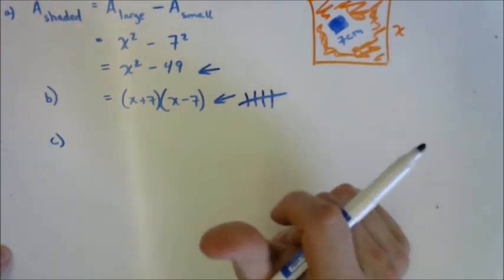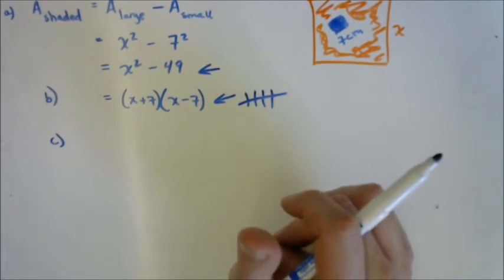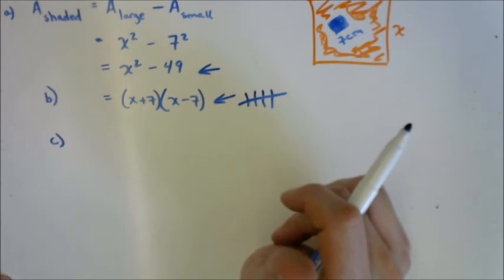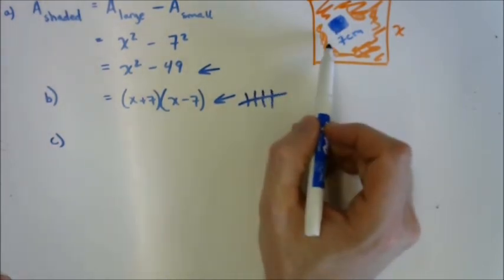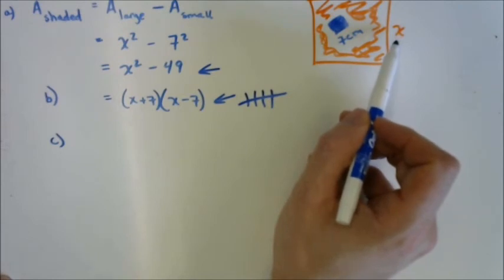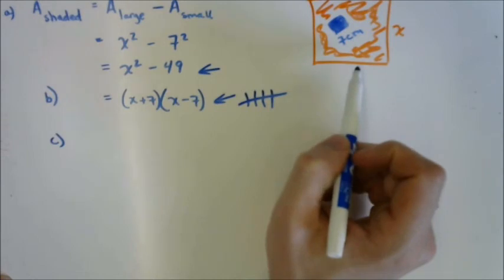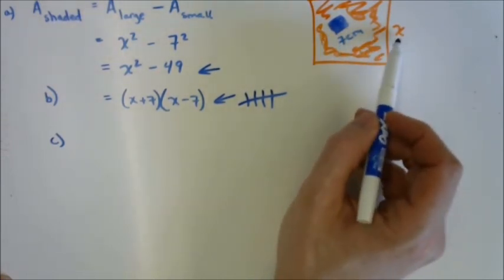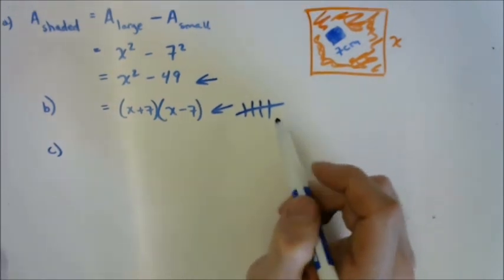Are there any restrictions on x? Can you have an area of 0? Or a negative area? No. You can't. Okay? And we need to be able to pull out the blue square. So what does x have to be at least? The orange square has to be at least bigger than the blue square. So what does x have to be? Anything greater than 7.